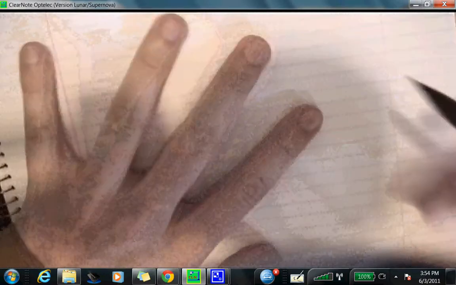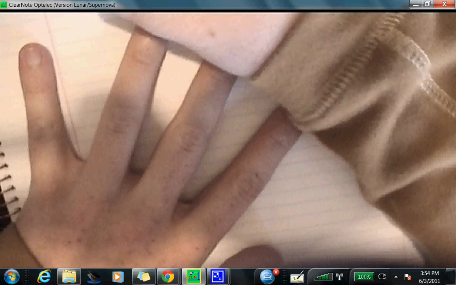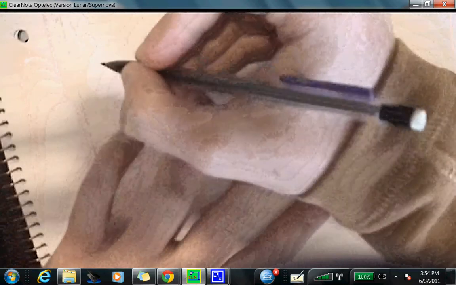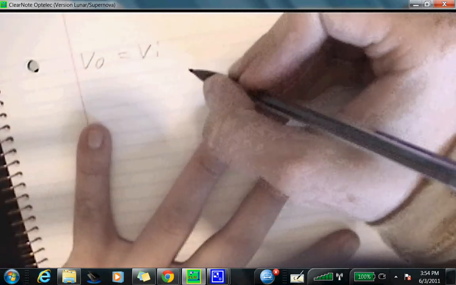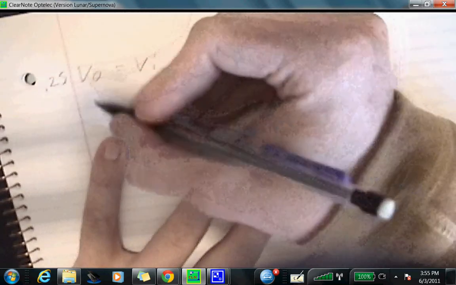So what this is asking for is what happens when your original velocity, right, the inhibited velocity equals 75% inhibition, which means that now we have 25% of our original velocity.